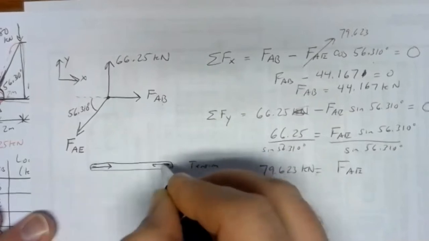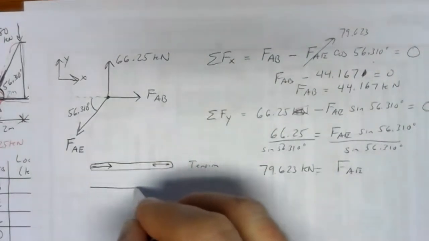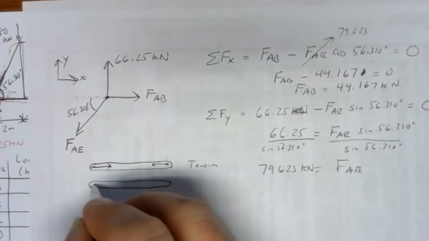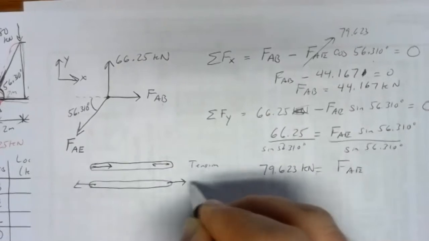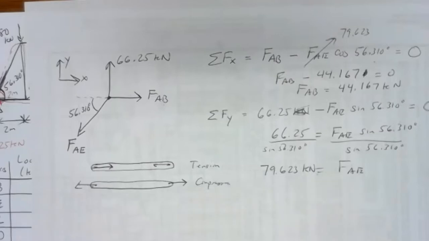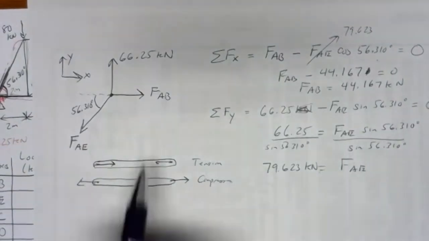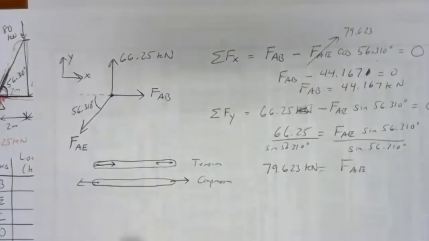So a member in tension will take the supports that it's on and try to bring them closer together. But a member in compression tries to expand out, so it pushes the joints apart. So with that key, we should be able to figure things out as long as we know where the members are compared to the forces on the joint.